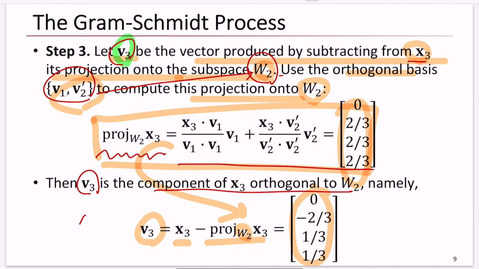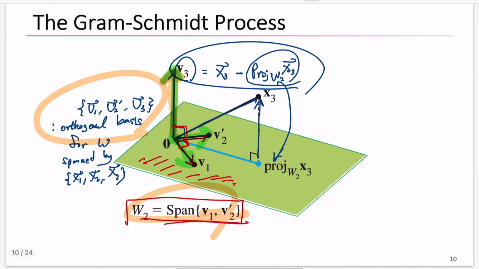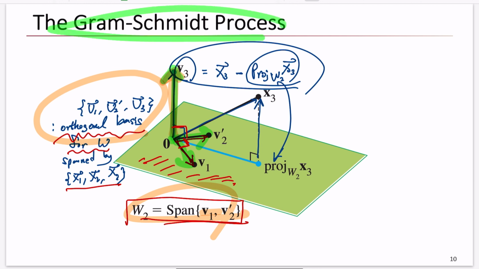It looks like this. So anyway, we finally found V1, V2 prime, V3, which is an orthogonal basis for W spanned by the initial vectors x1 to x3. This is definitely the Gram-Schmidt process.